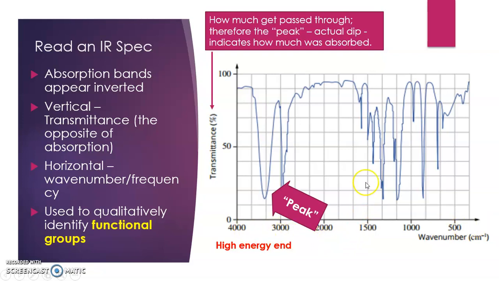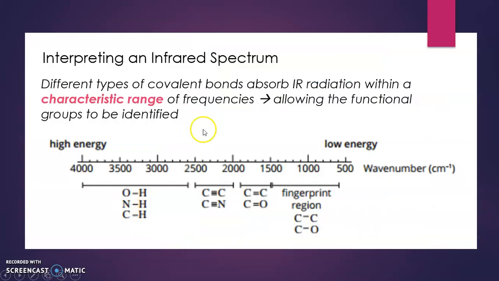So the higher frequency is on the left-hand side, and the lower frequency is on the right-hand side. We use IR normally to qualitatively identify functional groups. Now, different types of covalent bonds absorb IR radiation with a characteristic range of frequencies. Okay? That allows us to identify the functional groups.